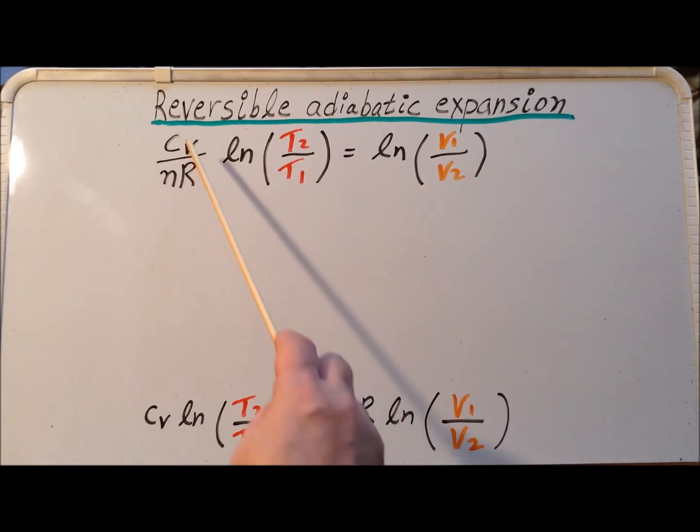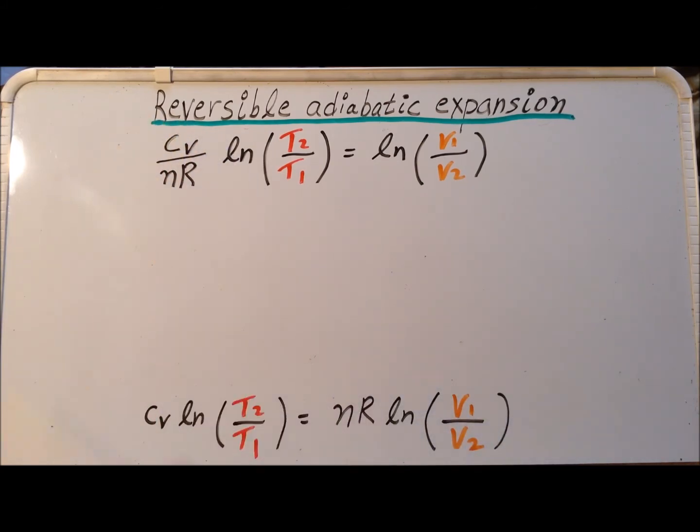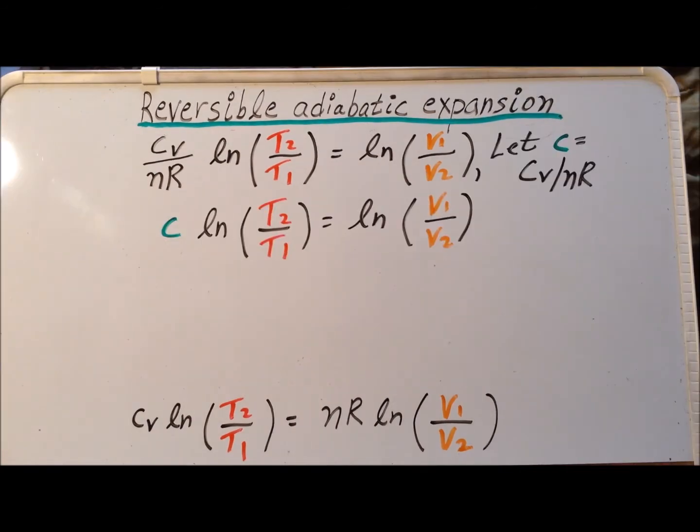Now we're going to simply assign this coefficient Cv over nR to a new symbol, just the letter c. We remind ourselves of our substitution that we're letting c equal Cv divided by nR. So this gives us now that c times the natural log of T2 divided by T1 is equal to the natural log of V1 divided by V2.